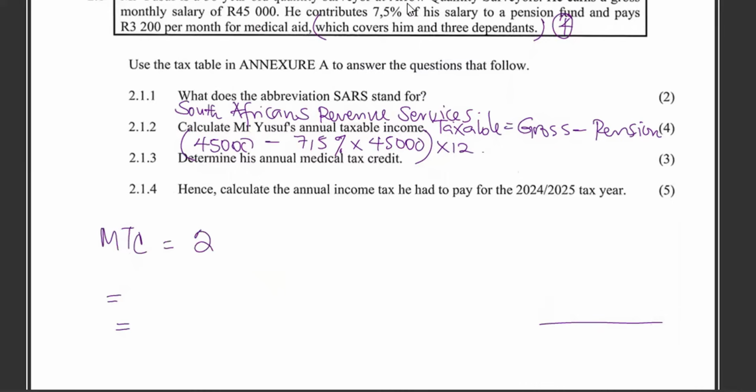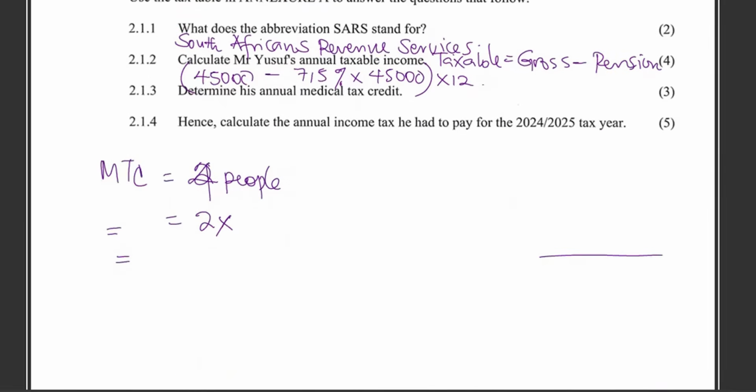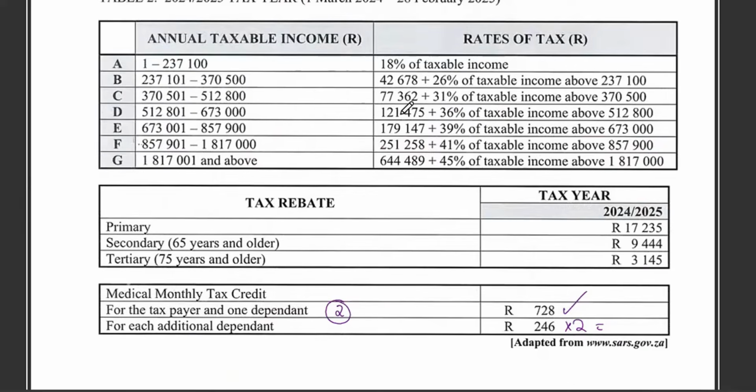We are saying 4 people, of which 2 already have their value here. For the taxpayer and one dependent, so these are the 2 people.